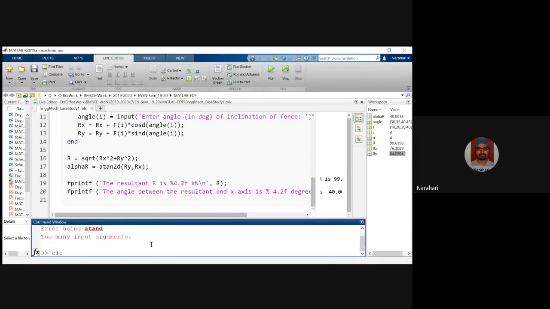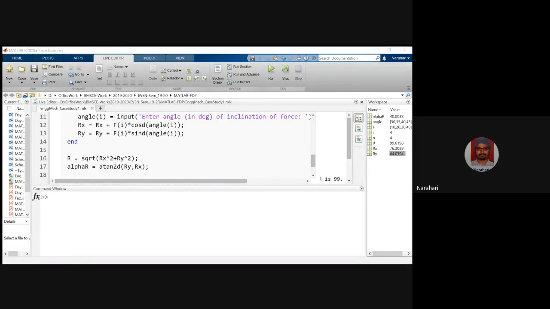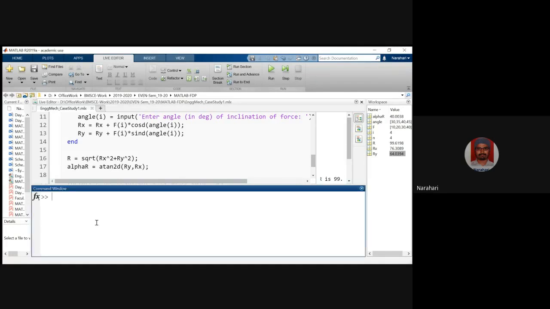Let me try atan2d of 5 comma minus 3. Okay, see, it gives you an angle of 120 point something.